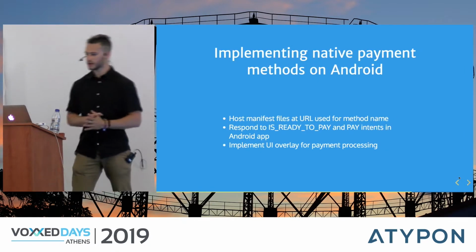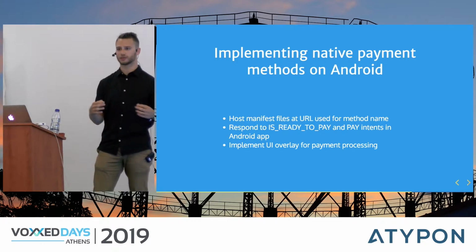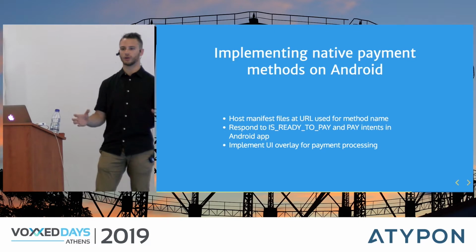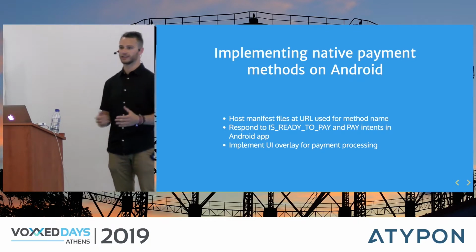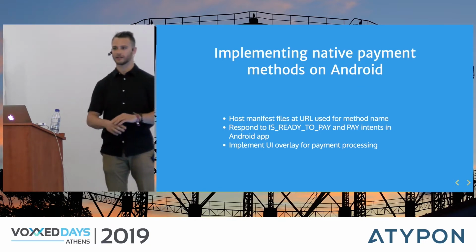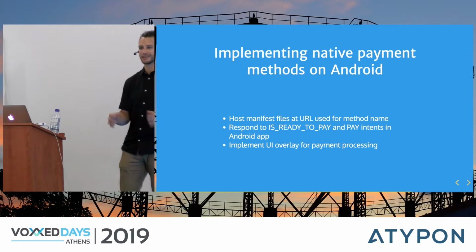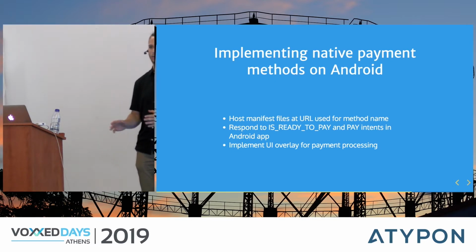Okay, so I think this is actually the old version of my slides, but one thing that I think is really interesting about using these URL-based payment methods, especially on Android, is that any Android application can define their own payment method. This is cool because this is a way that any Android app can directly communicate with the web page, with a user interacting with the web page.